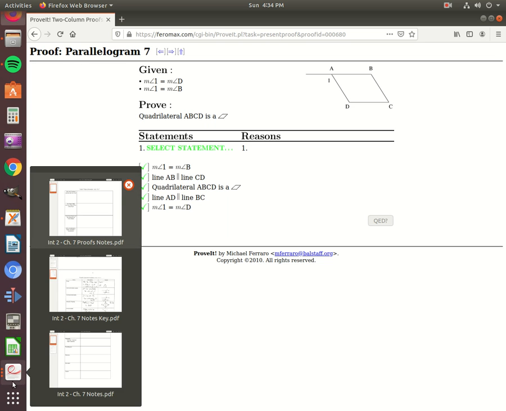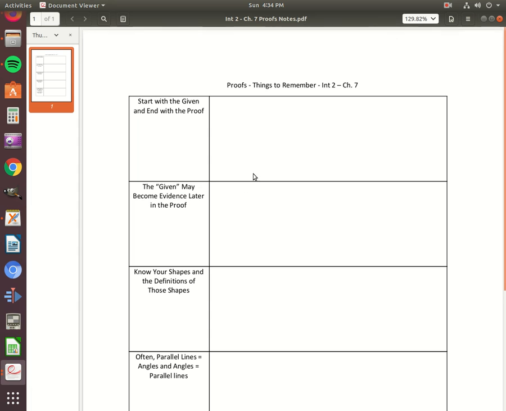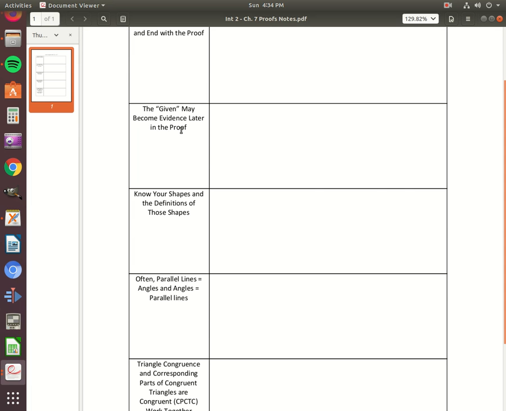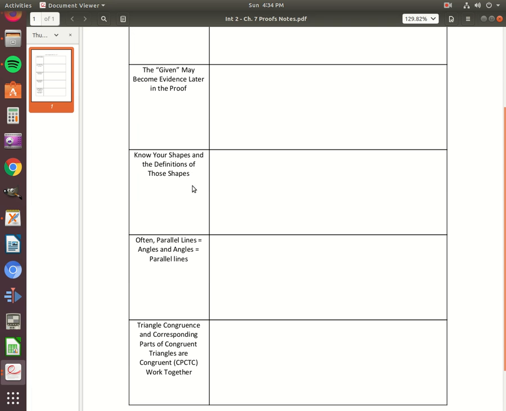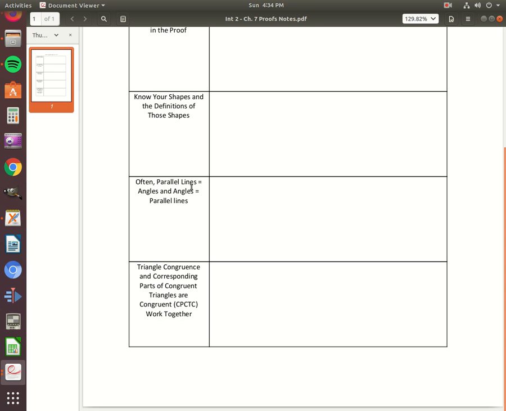Again, we want to keep in mind a couple of things here. We have our proof notes as far as starting with the given, ending with the proof. Given might be evidence later, keeping your shapes and knowing your shapes and definitions of those shapes. Parallel lines as angles and angles as parallel lines often, and triangle congruence and CPCTC go together.